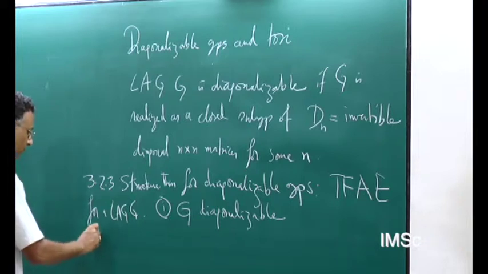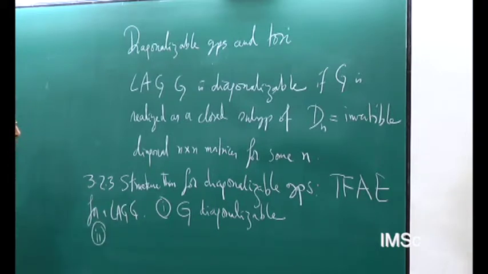Right. Now, if you look at the characters of G, by characters we mean linear algebraic group homomorphisms from G to Gm. As we observed last time, this gets the structure of an abelian group.